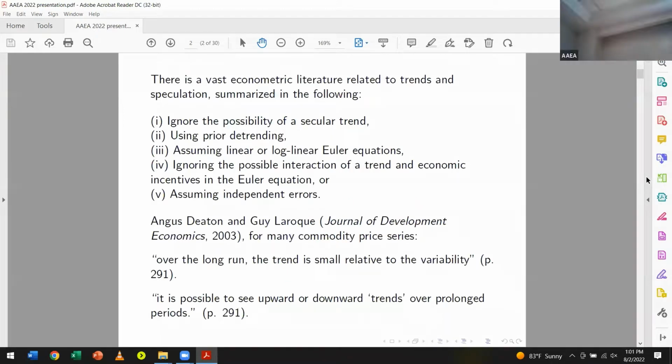Okay, so now there is a vast literature on the theory and mostly in the economics of how to deal with this. Most popular of all is the first one. That's very standard. That's convenient because you have a stationary model usually. Now, another approach, which is very popular, is you use prior detrending.